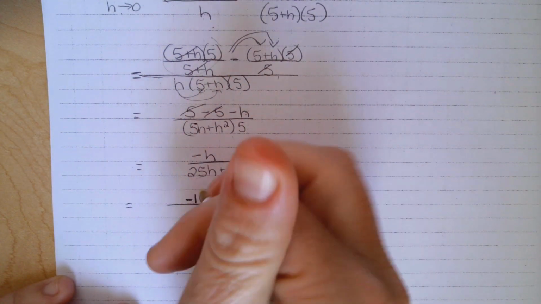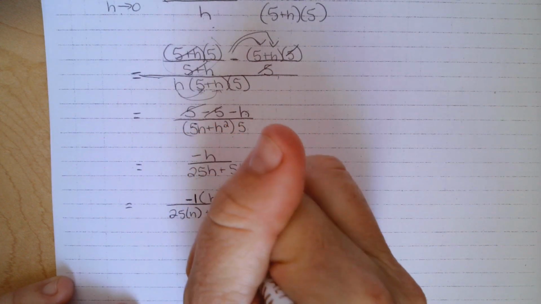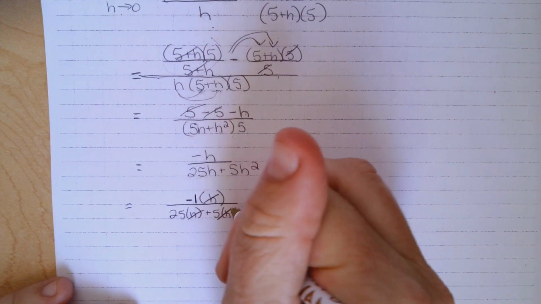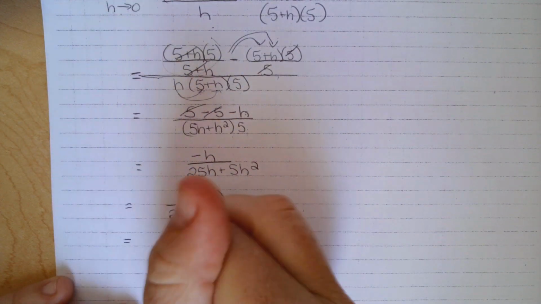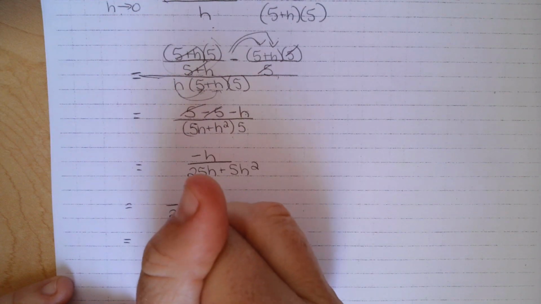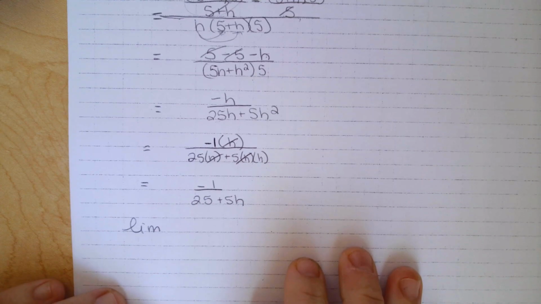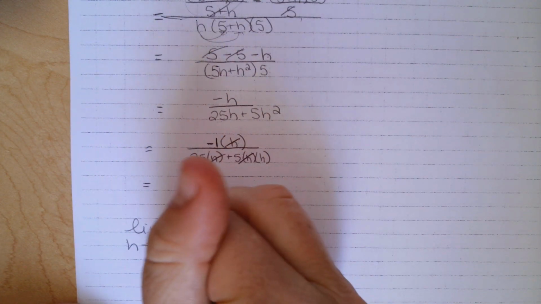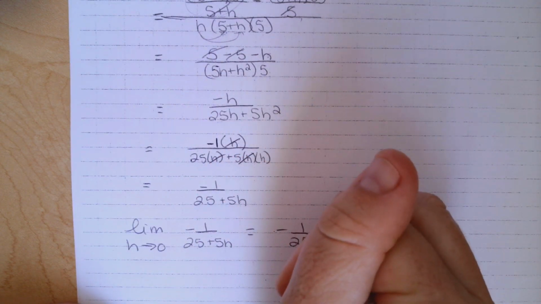And then on the bottom, I'm going to do 25 times h, plus 5 times h times h. I can do this because you can find an h in all of these terms, right? And so I'm left with negative 1 over 25 plus 5h. And so the limit as h goes to 0, negative 1 over 25 plus 5h equals negative 1 over 25.